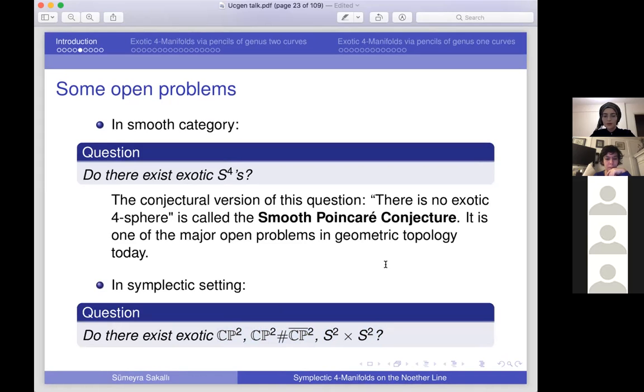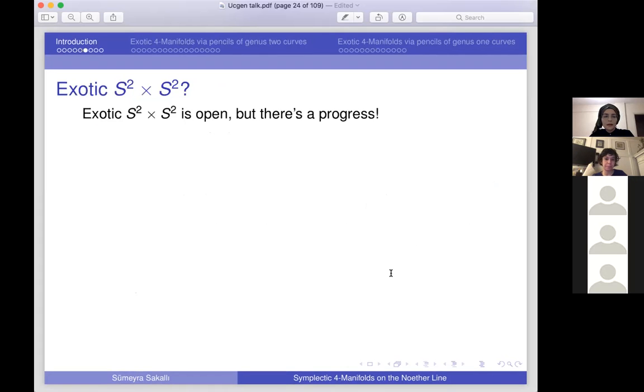Or if you want to consider the non-simply connected case, for instance the torus, again, we don't know if it admits an exotic structure or not. Let me talk about this last question a little bit, S2 cross S2. The existence of exotic S2 cross S2 is open, but there is some progress in that direction.